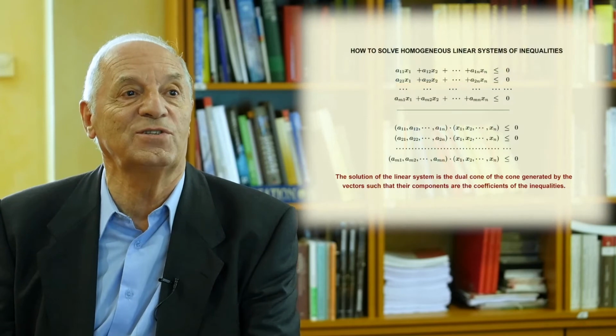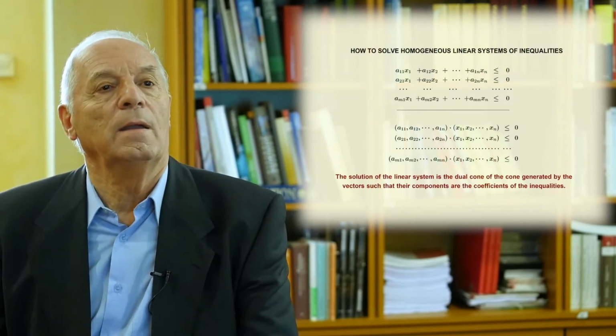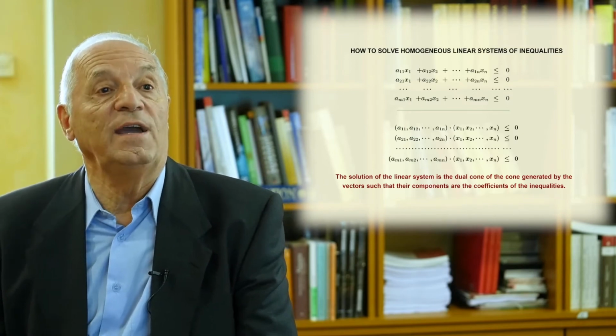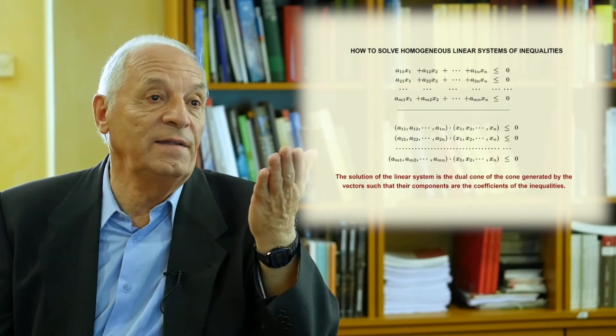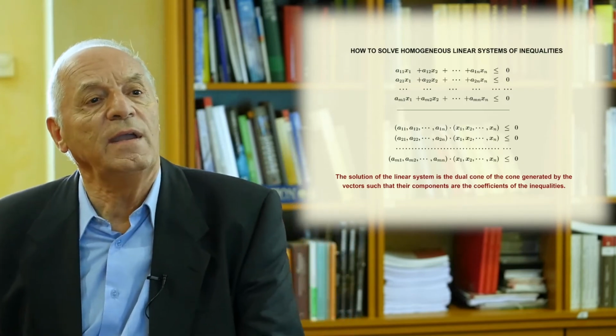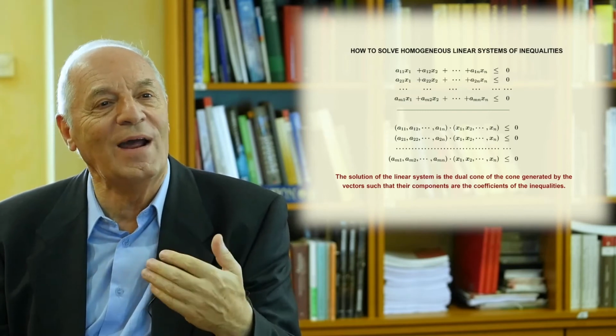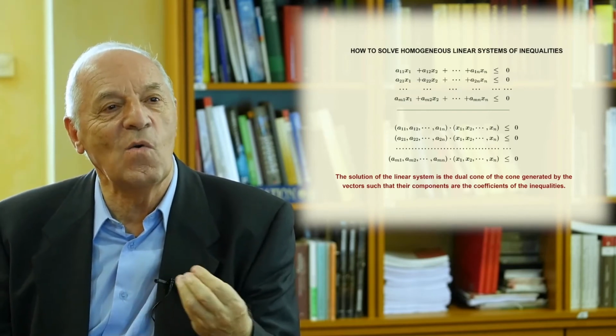Let me now explain how to solve a linear system of inequalities when it is a homogeneous system. That is, when all the independent terms are zeros. The idea is to write that system, which is the traditional way of writing the system, in a different way, in such a way that we can see polarity or duality in some way.